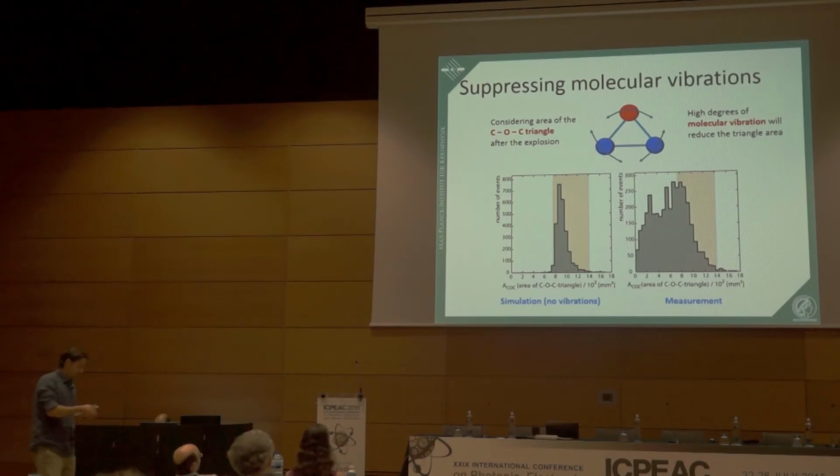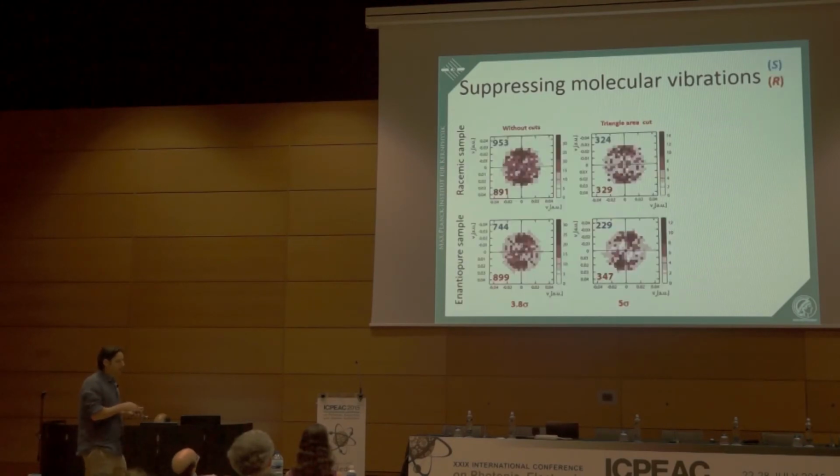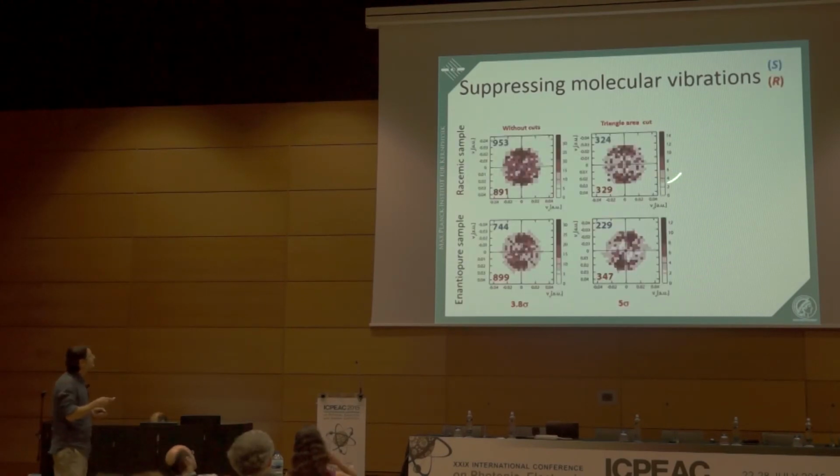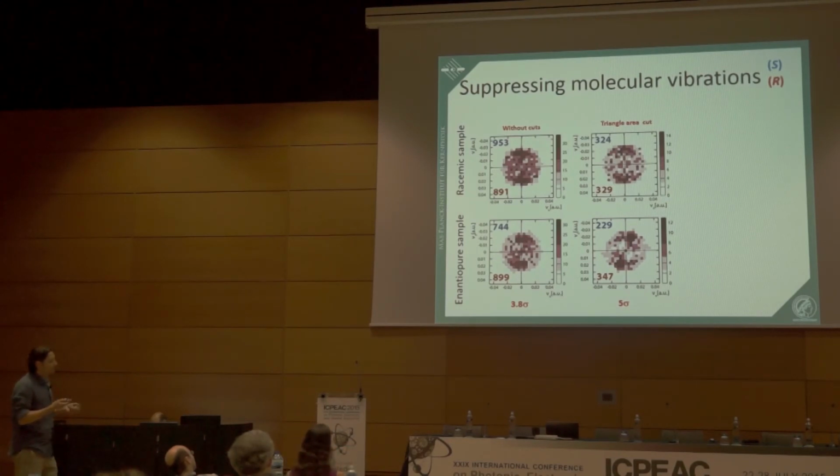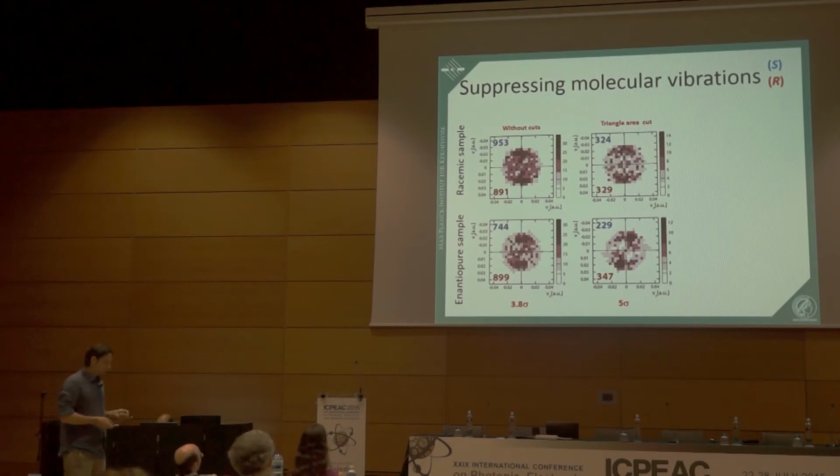Now, if you have a look at our data, we see that the racemic sample is almost perfectly symmetric, and in the enantiomer sample the contrast has, of course, enhanced, and the asymmetry is now 5 sigma strong, that we are looking at an R configuration of the molecules in this sample.